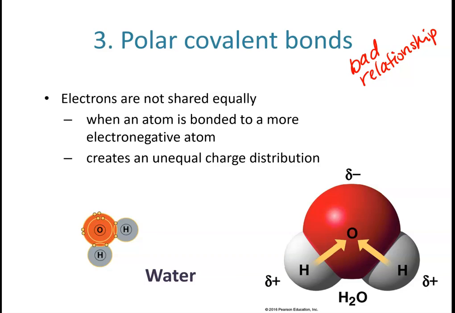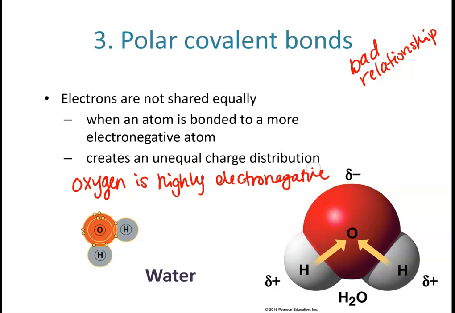So a few minutes ago, I said that oxygen and nitrogen were very electronegative. So oxygen is highly electronegative, and hydrogen is not. Oxygen and hydrogen form water. When this happens, oxygen pulls those electrons from hydrogen towards its core.